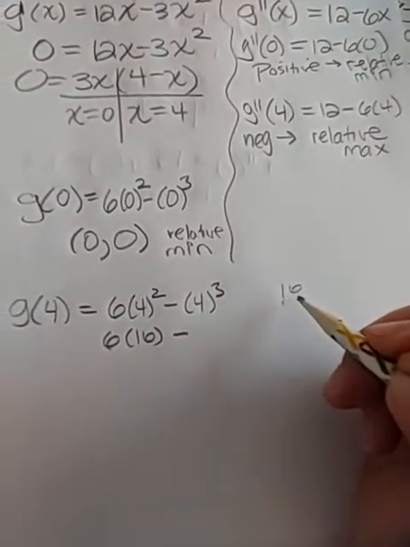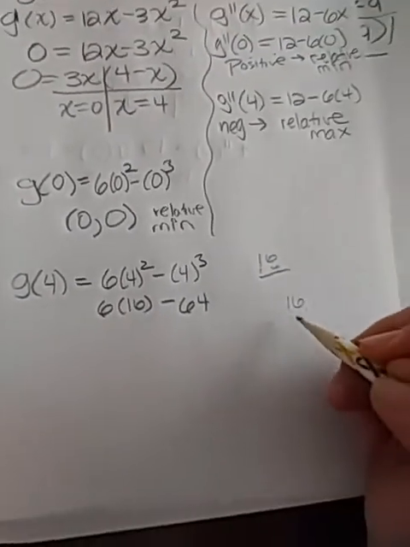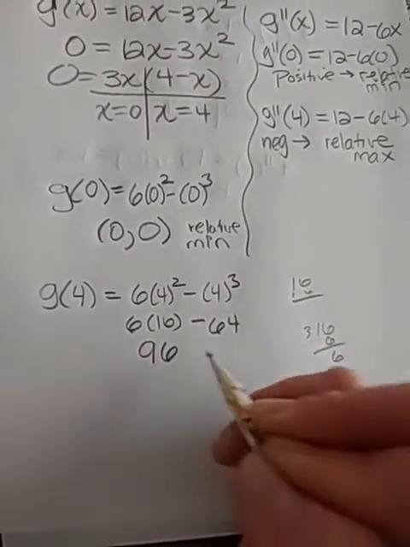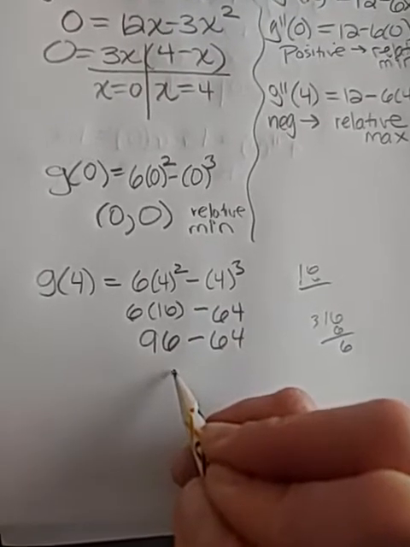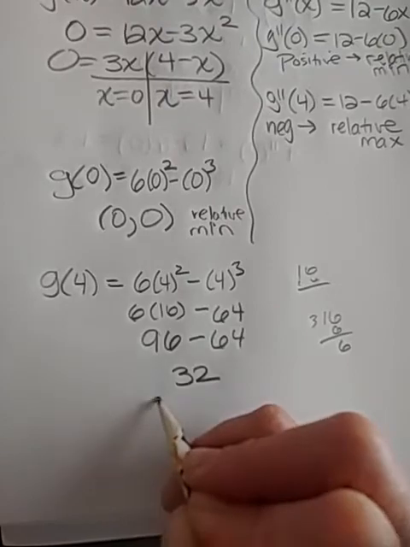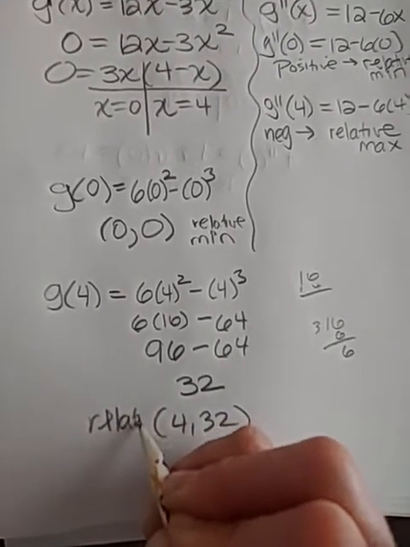So 16 times 4, 64. And then 16 times 6, 96. So I have 96 minus 64, which gets me 32. So my relative maximum is 4, 32. My relative max.